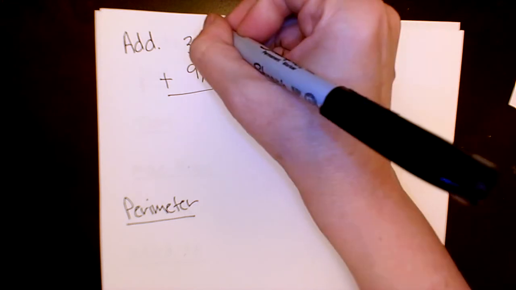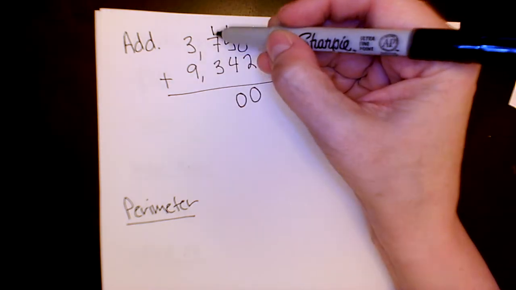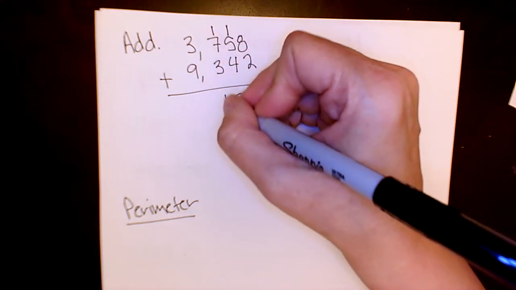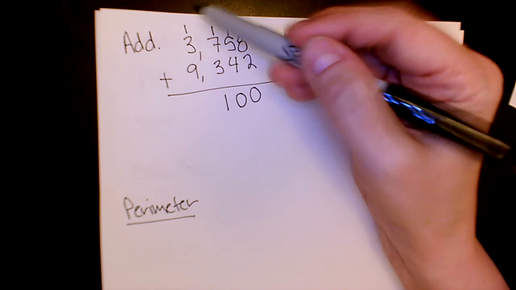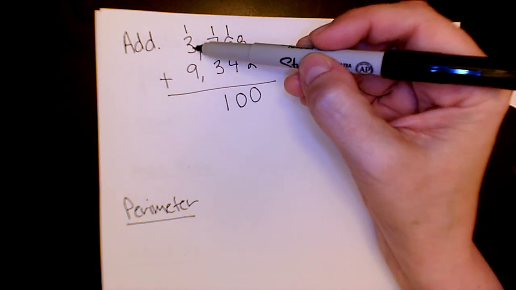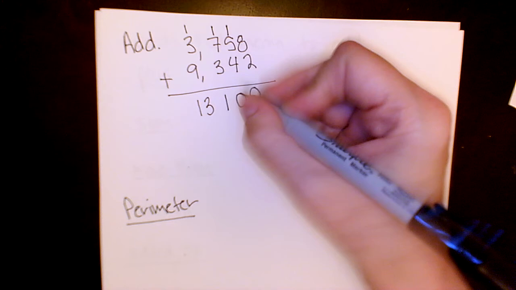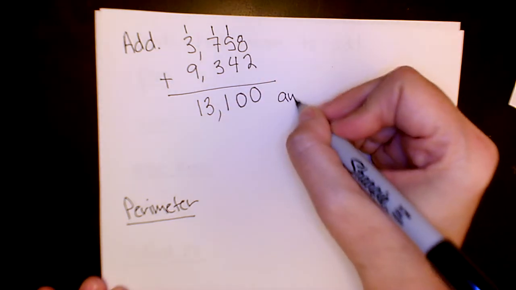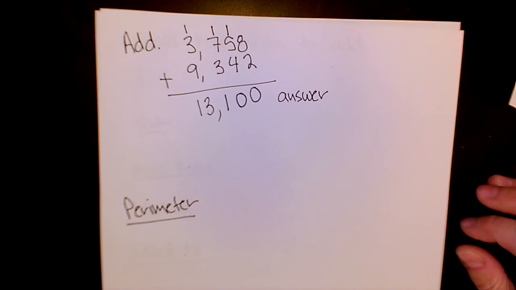I've got another 10, so I need to carry another 1. 1 and 7 is 8, 8 and 3 is 11. From the 11, I leave 1 down, carry the 1. Adding down again, 1 and 3 is 4, 4 and 9 is 13, and again every 3 digits I put a comma. So there's my answer, 13,100.